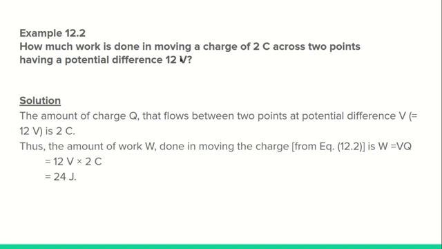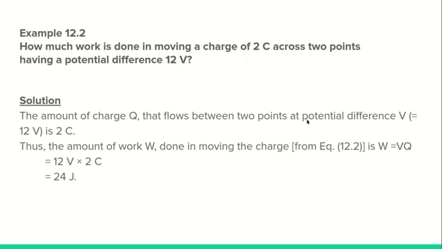How much work is done in moving a charge of 2 coulomb across 2 points having potential difference 12 volt? The solution: 2 coulombs is the charge Q and 12 volt is the potential difference V. So V is equal to 12 volt and Q is equal to 2 coulomb. The question is to find the work done.